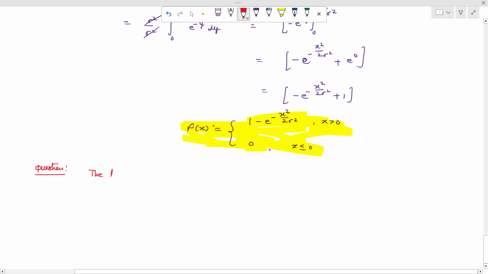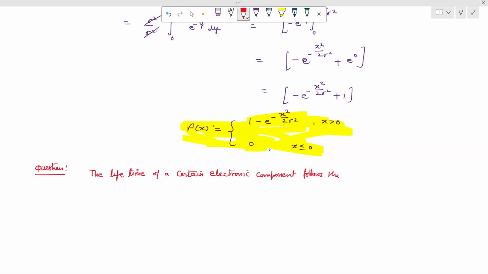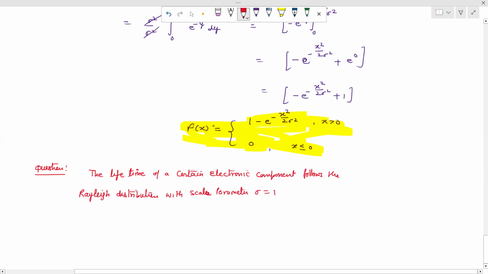So the statement is: the lifetime of a certain electronic component follows the Rayleigh distribution with a scale parameter sigma equal to 100.